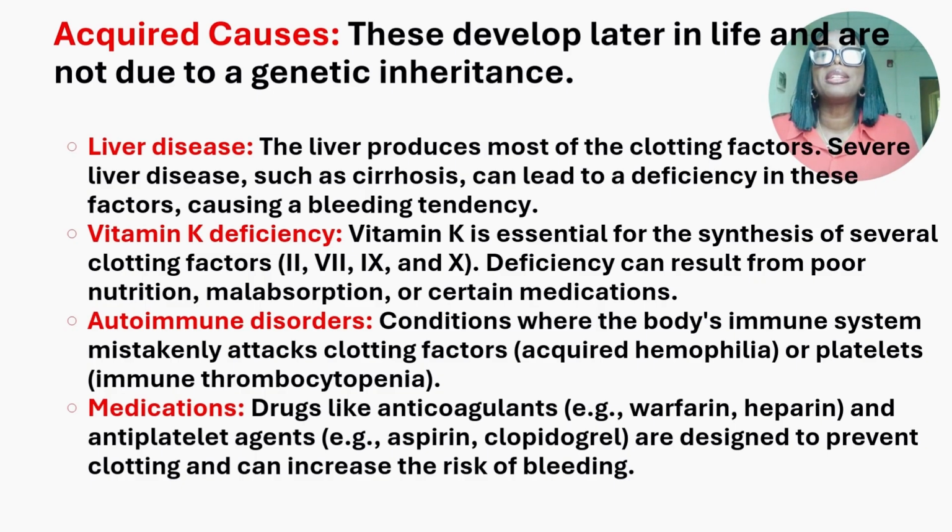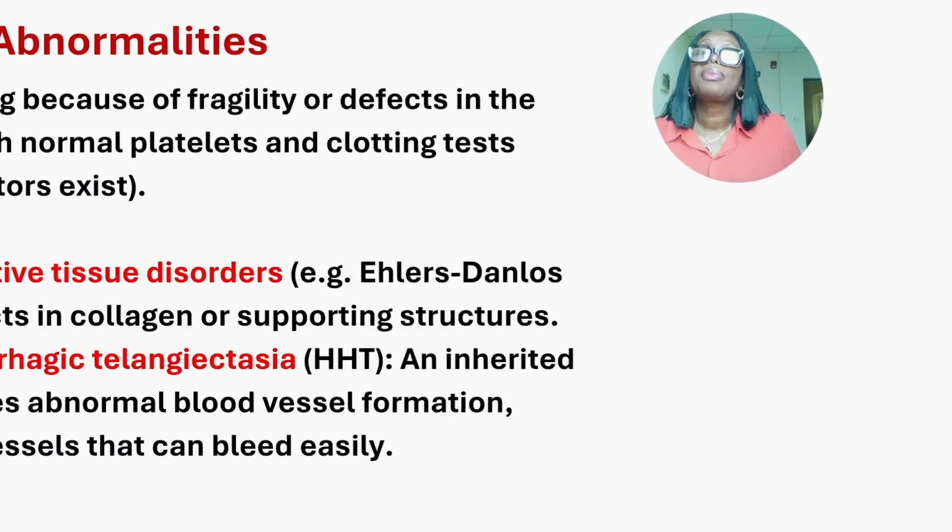We also have some medications, anticoagulants like warfarin and heparin, and antiplatelet agents like aspirin and clopidogrel, that are designed to prevent clotting. In performing their function, they can increase the risk of bleeding.